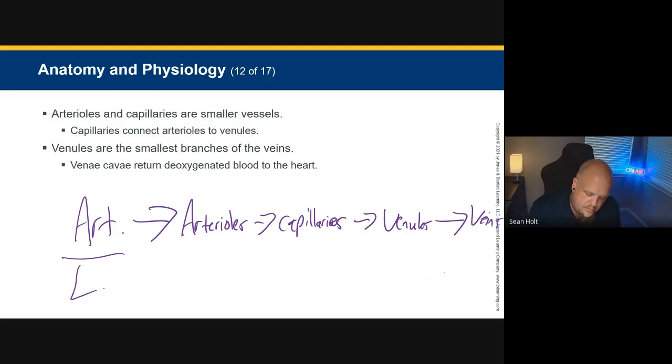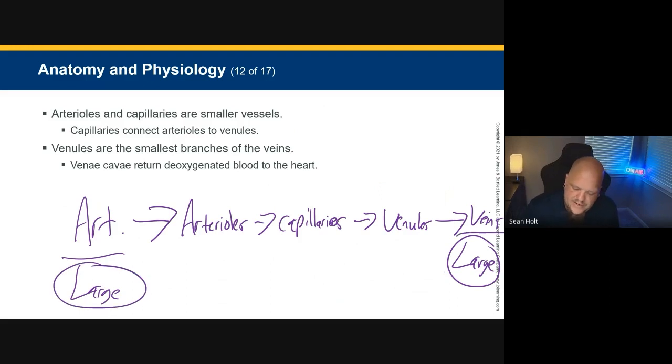So large, okay? Both sides over here. Veins and arteries are the bigger ones. These are smaller, and these are the smallest.